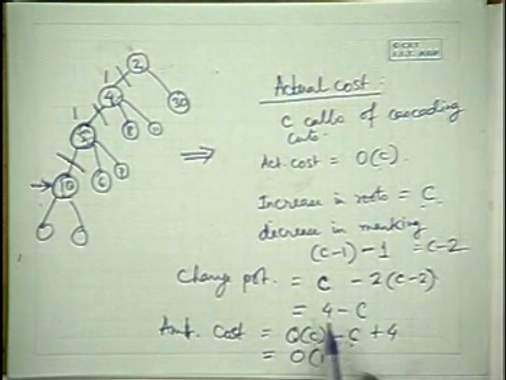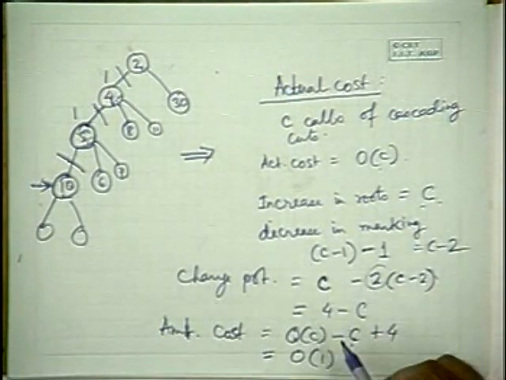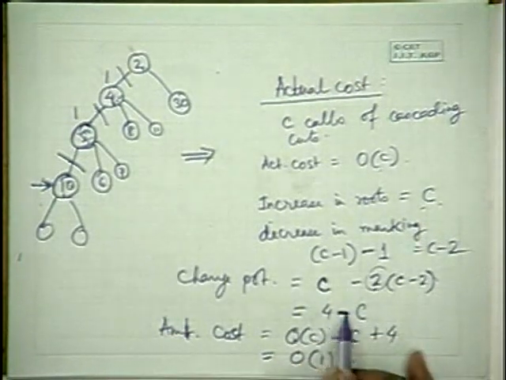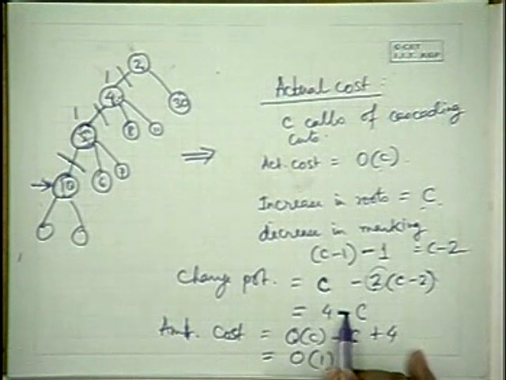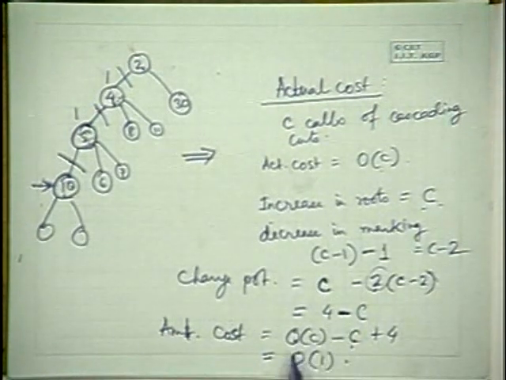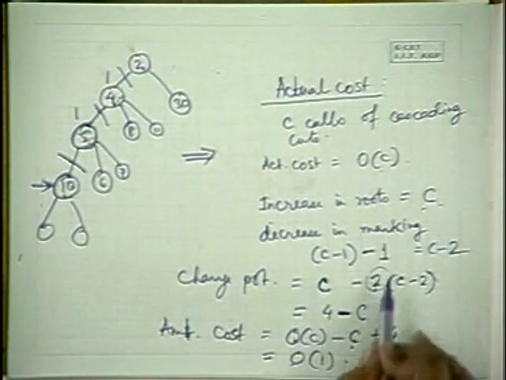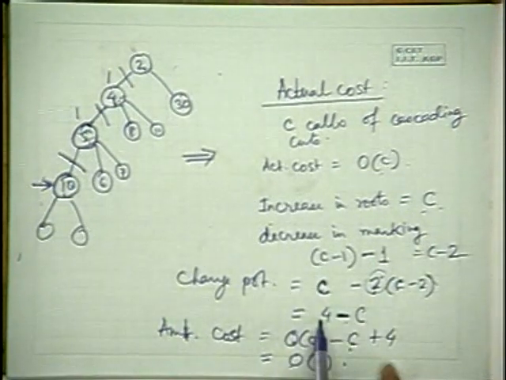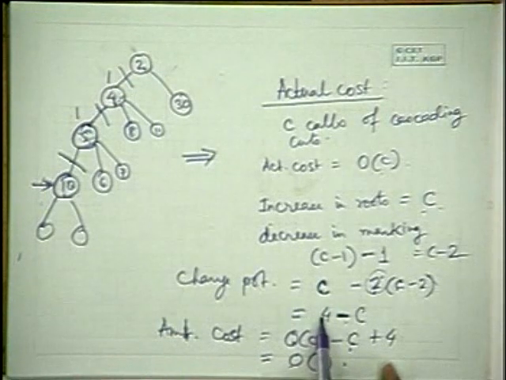Now you can see why this 2 was required. Because if there were no 2, I would not get a minus C here. And if there is no minus C, I cannot cancel order C with C. If only C was there, C would get cancelled, but it would be, sorry, it would be say 2.